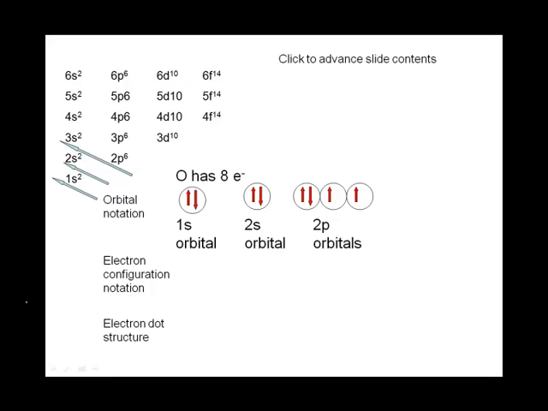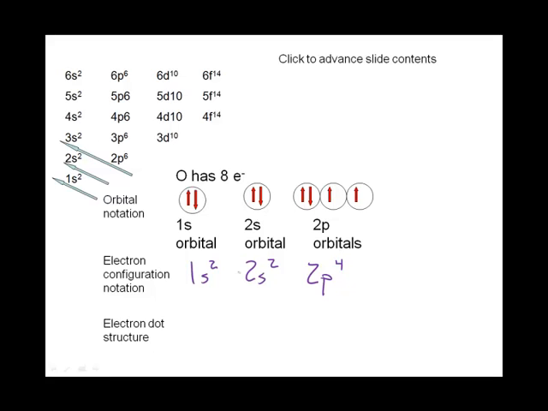You have that orbital notation about done? The electron configuration notation is going to be 1s2, 2s2, 2p, 1, 2, 3, 4.